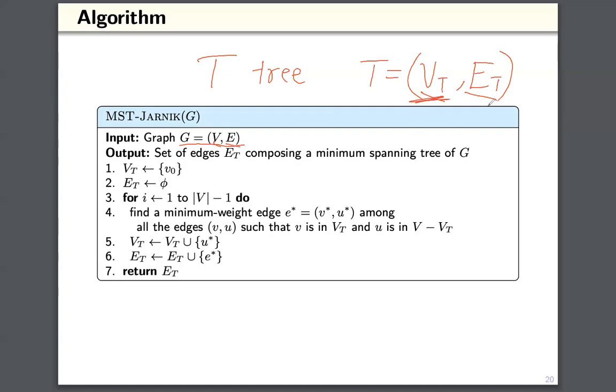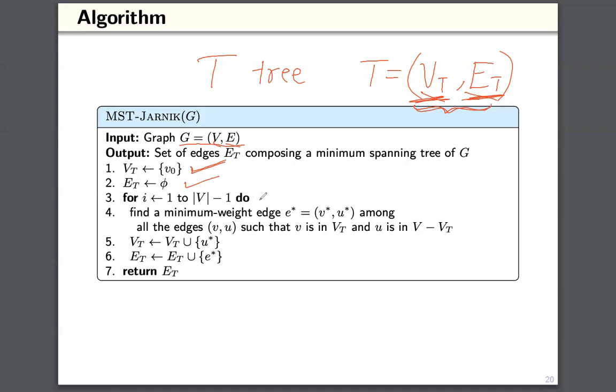That is VT and ET. That will tell you the minimum spanning tree. Okay, so initialize VT to some arbitrary vertex. We have chosen V0. I mean, you could have chosen Vn minus 1, whatever, right? We have chosen V0 here. ET is empty. Initially, there are no edges. You just have one vertex in your tree.